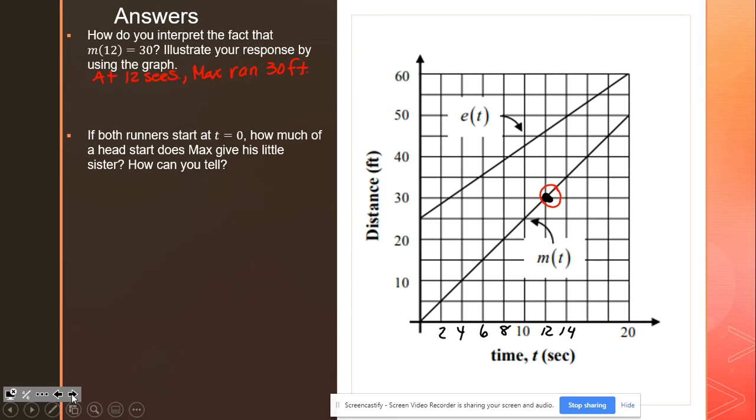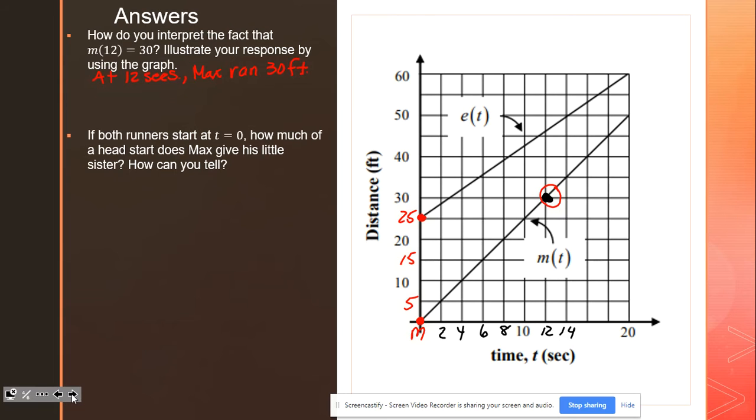If both runners start at t equals 0, meaning 0 seconds, how much of a head start did Max give his little sister? How can you tell? Well, let's take a look at the distance. Max started at the 0-foot line. This is Max, because this is m of t. Evie is e of t, and she started up here. Clearly, we're going up by 5.